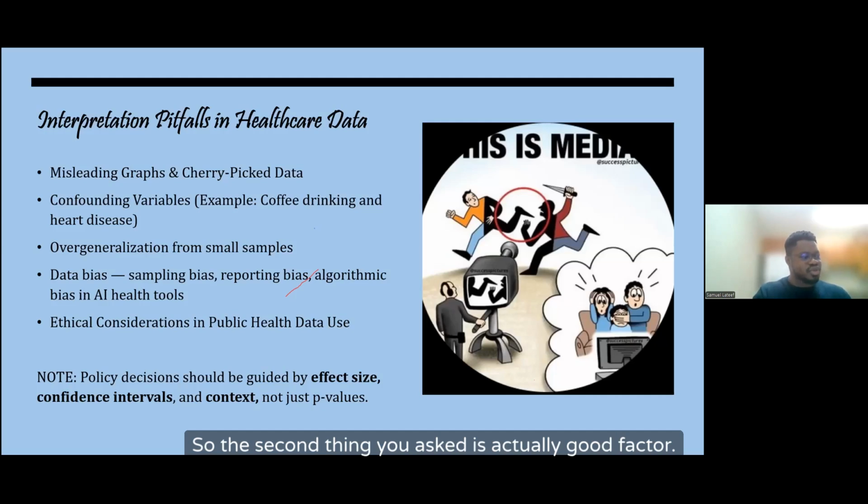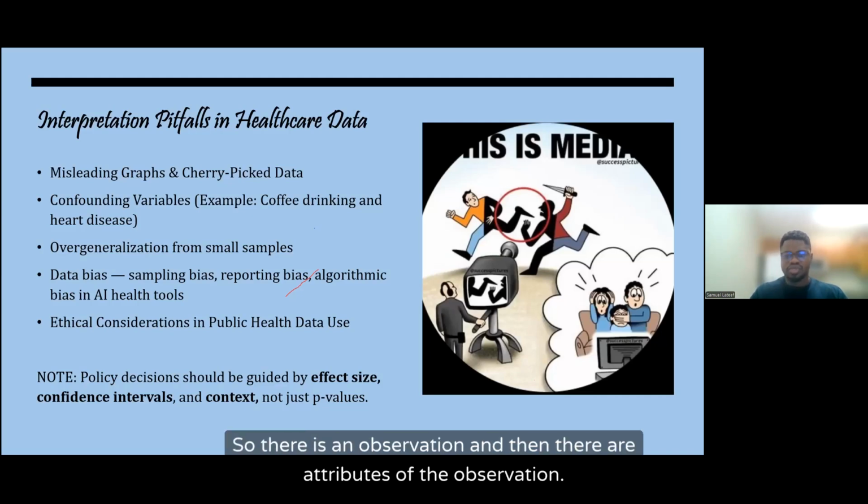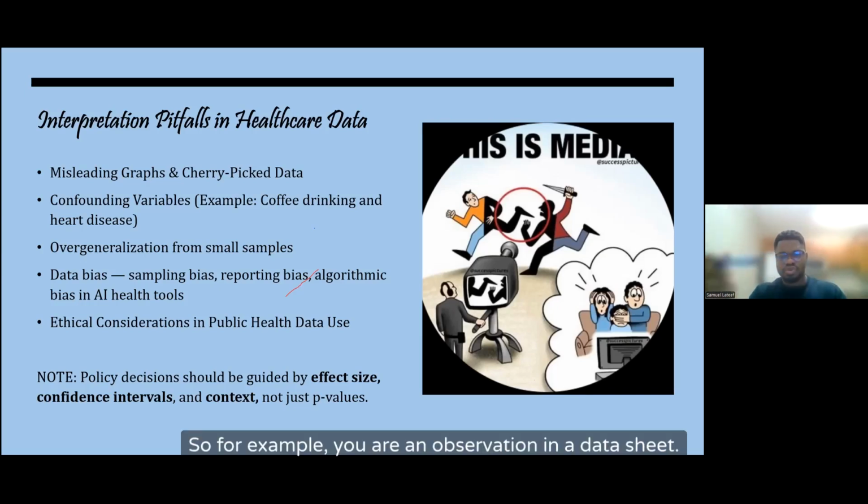So the second thing you asked is attribute factor. Did I get that right? Yes, sir. You got that right. I don't know what an attribute factor is. I've not heard of that. What I know is an attribute. An attribute is like a variable of a thing. So there is an observation, and then there are attributes of the observation. For example, you are an observation in a data sheet.